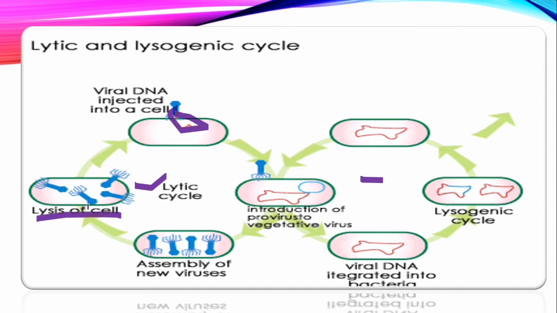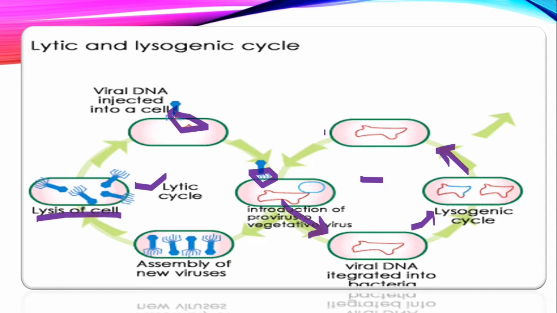producing the viral genome. On the other hand, in the lysogenic cycle, the virus integrates its viral genome into the bacterial genome. Here the lysogenic cycle starts, and whenever the host cell replicates, the viral genome replicates with the host genome.